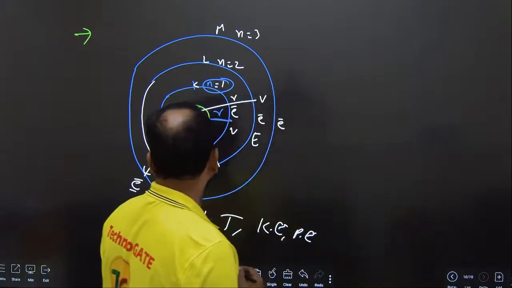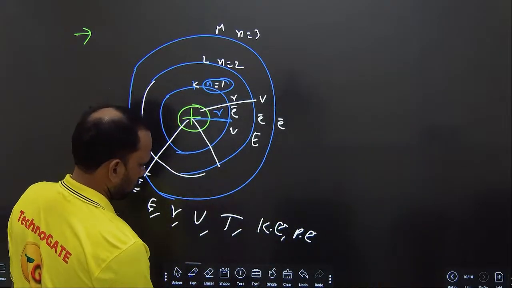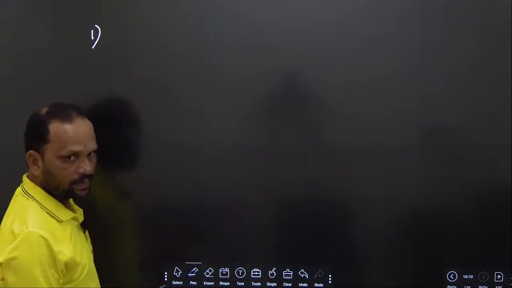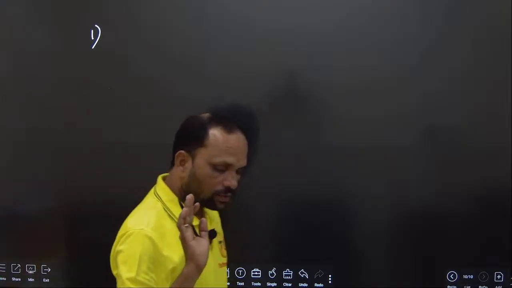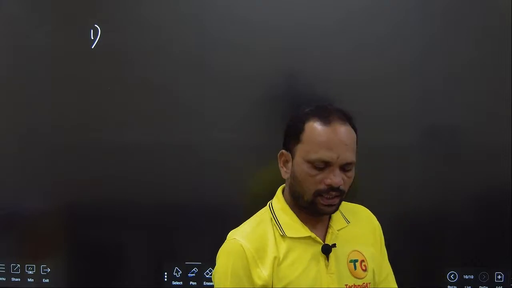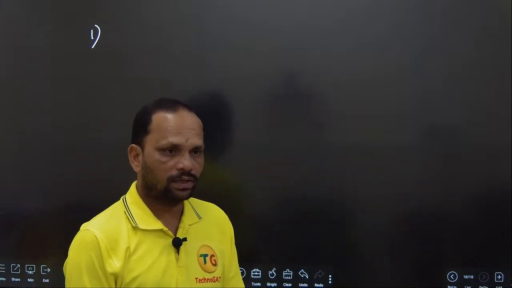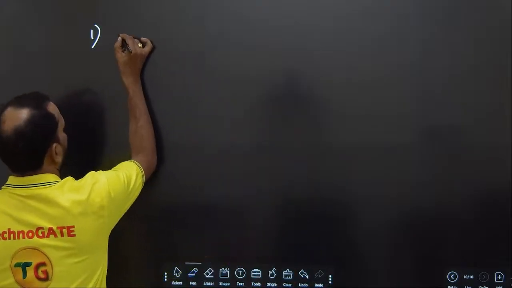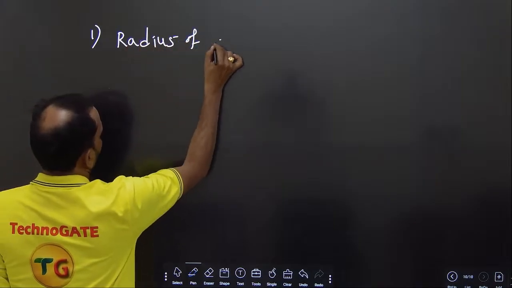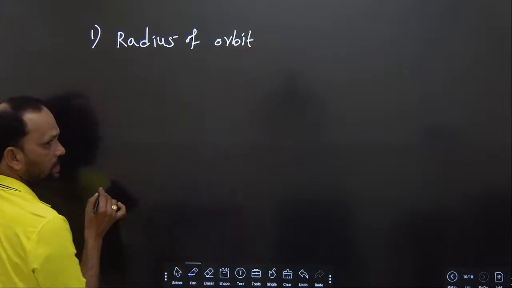Right? So now, the first thing is, from this, what we are going to discuss here. We already discussed Bohr's atomic laws: circular orbit, stationary orbit, and transition. Now, we derived the formulas. We have formulas for the radius of orbit.